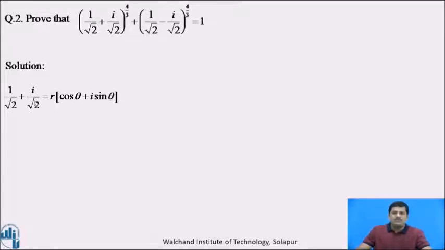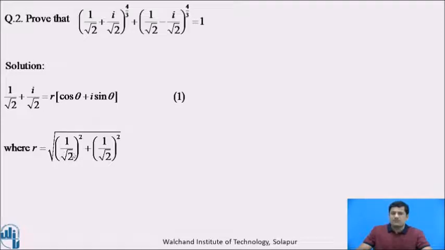Now the first complex number is 1 upon root 2 plus i by root 2, and its polar form is r into the bracket cos theta plus i sin theta. Call it equation number 1. Now we have to determine two unknowns, r and theta. R is the square root of the sum of squares of the real and imaginary parts.